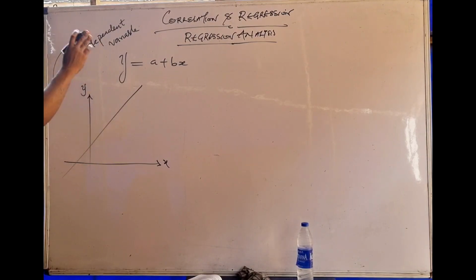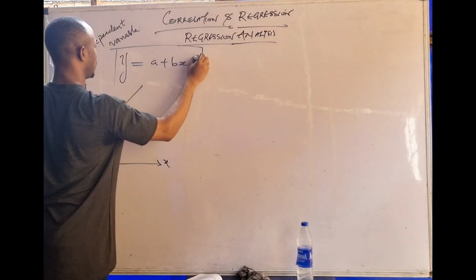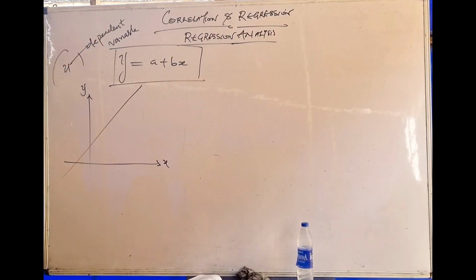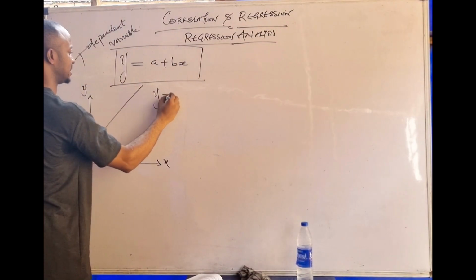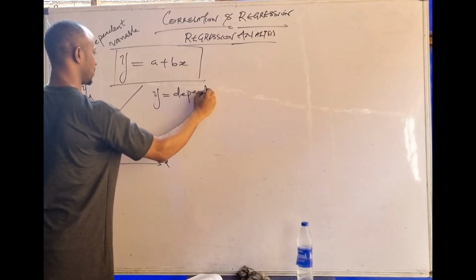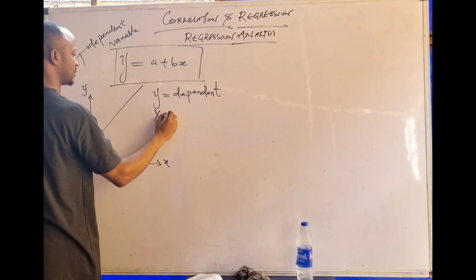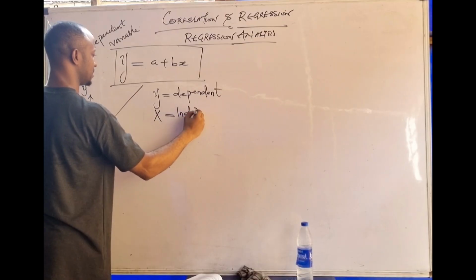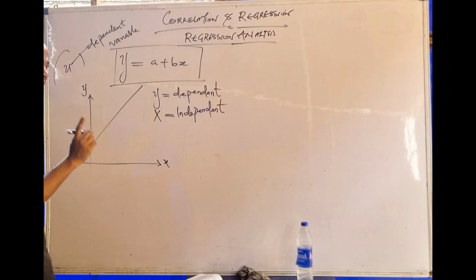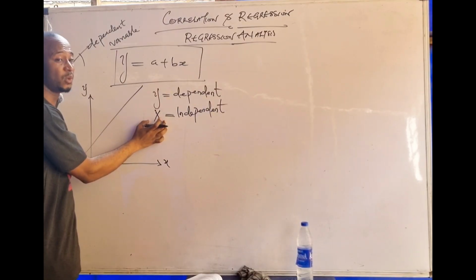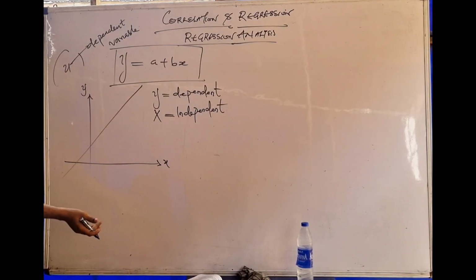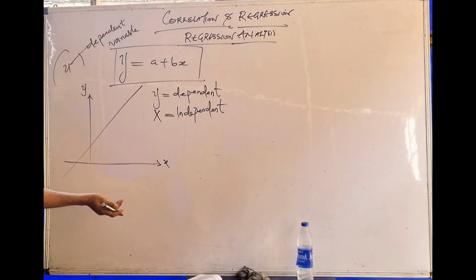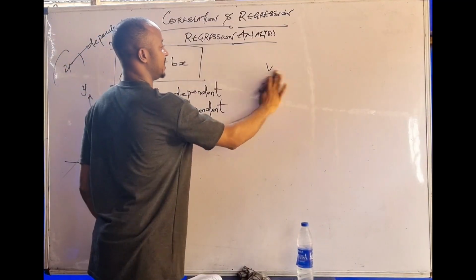Every straight line has a general form of Y equals A plus BX. Y represents the dependent variable. X represents the independent variable, meaning that the value of Y depends on X. Y can represent the yield of a plant, and X can represent fertilizer.